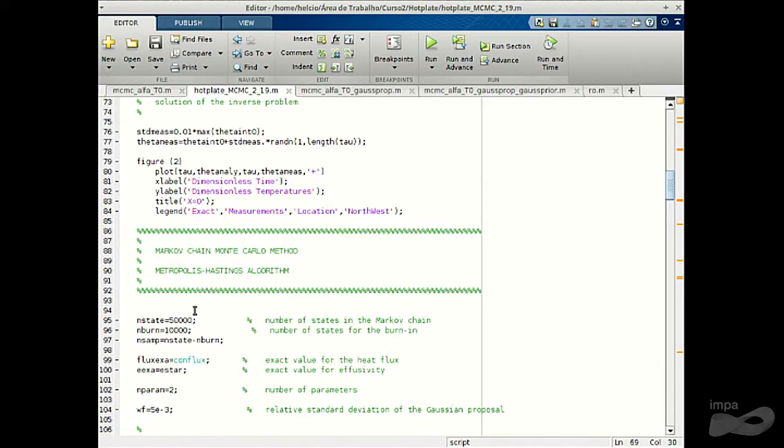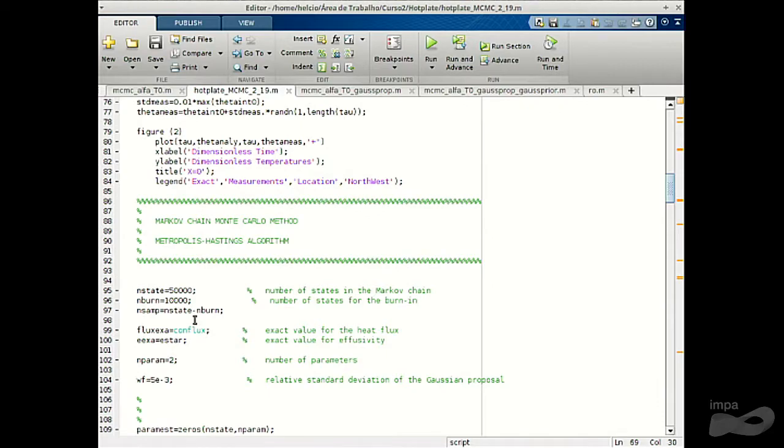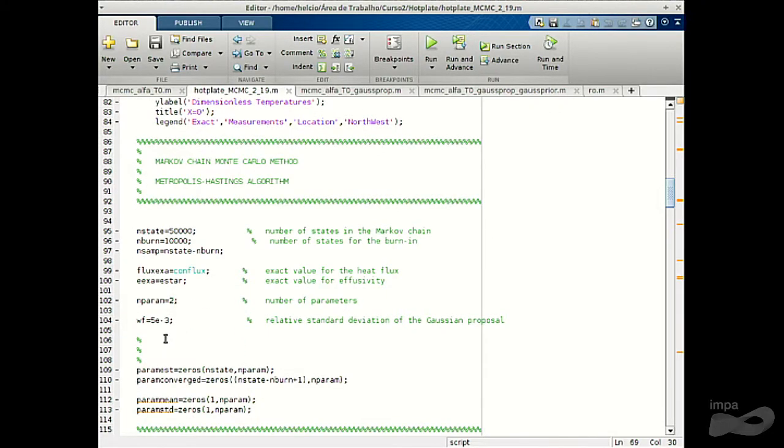I'm considering here 50,000 states and 10,000 states for the burn-in period. I'm starting, I have two parameters, and this is the relative standard deviation of a Gaussian proposal. So I'm using Gaussian proposals for both parameters.